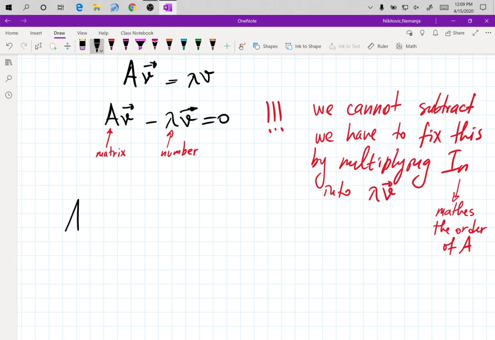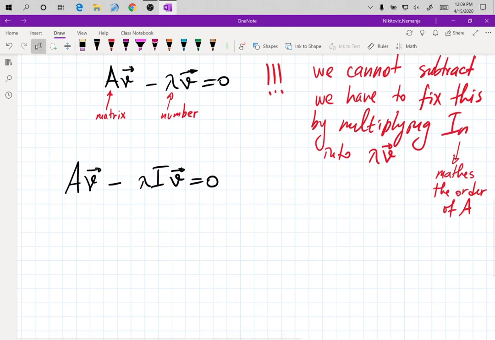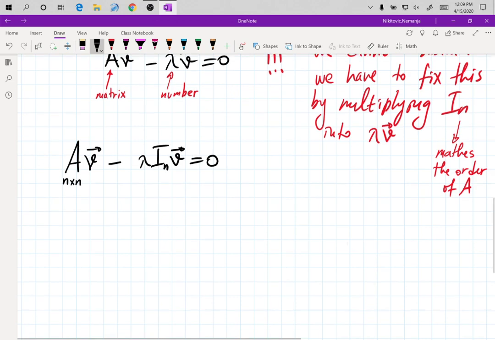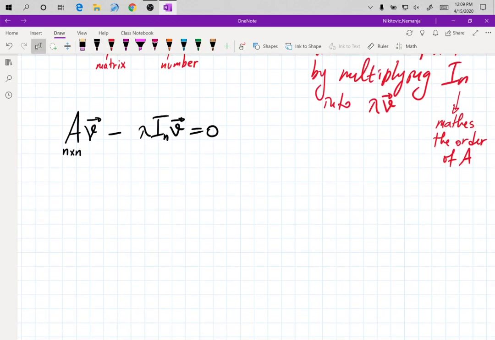So now I have Av minus lambda Iv equal to 0. Now, if I put n by n over here, then I'll put n over here. So that should now make sense.